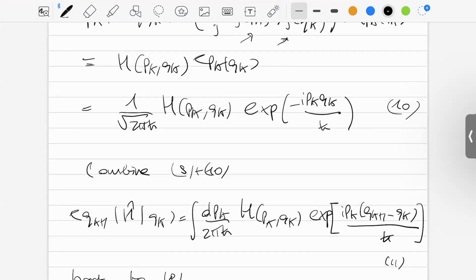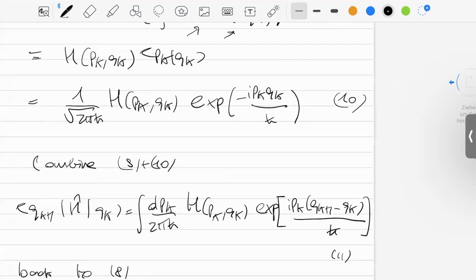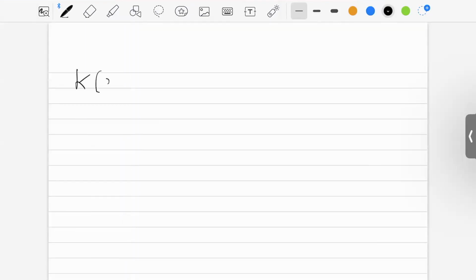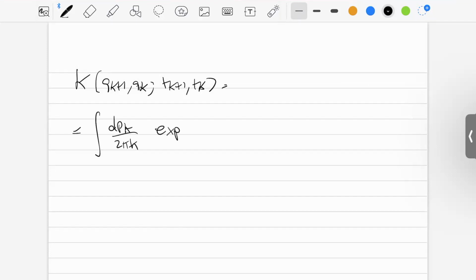So we wanted the propagator for a generic small interval. We wanted k of qk plus 1, qk, tk plus 1, tk. If we now insert everything there, then we have the integral over pk divided by 2 pi h bar, and then the exponential of I delta tk divided by h bar, times pk times qk plus 1 minus qk divided by delta tk, minus h.